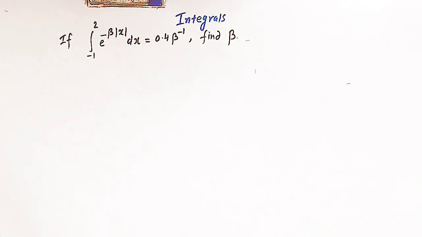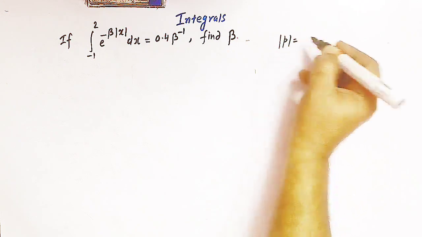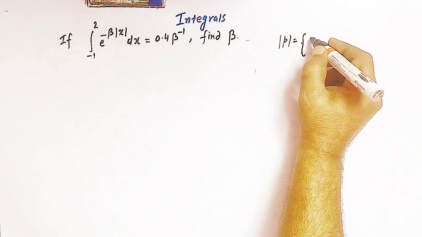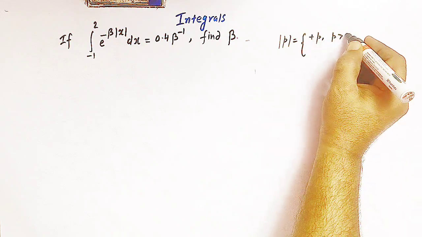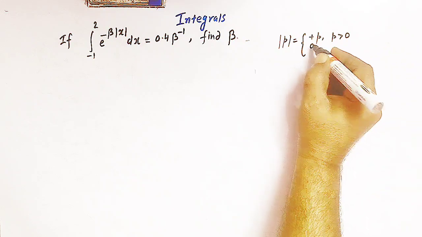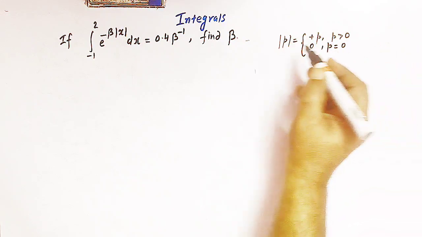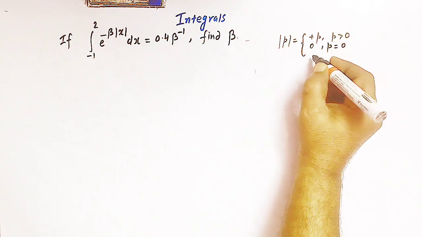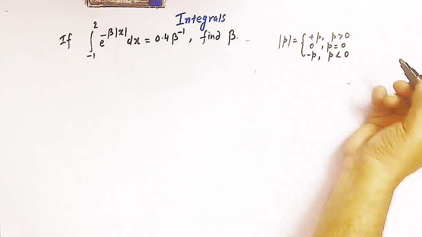So let us first quickly see the definition of the mod function. Mod of p is equal to positive p whenever p is greater than 0. Mod of p is equal to 0 whenever p is equal to 0. And mod of p is negative p whenever p is less than 0.